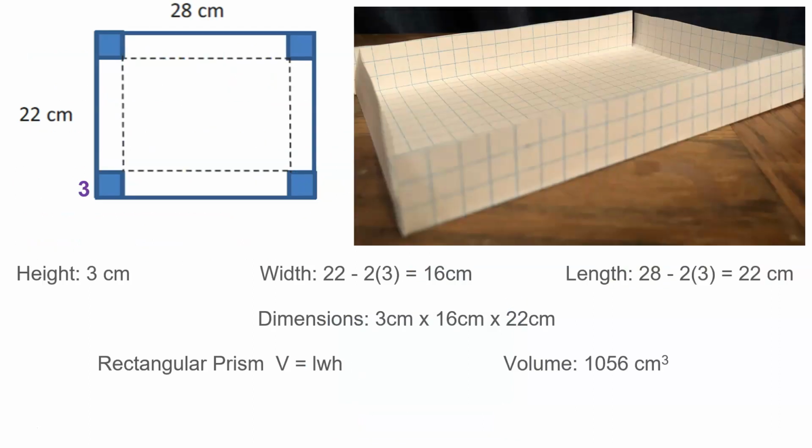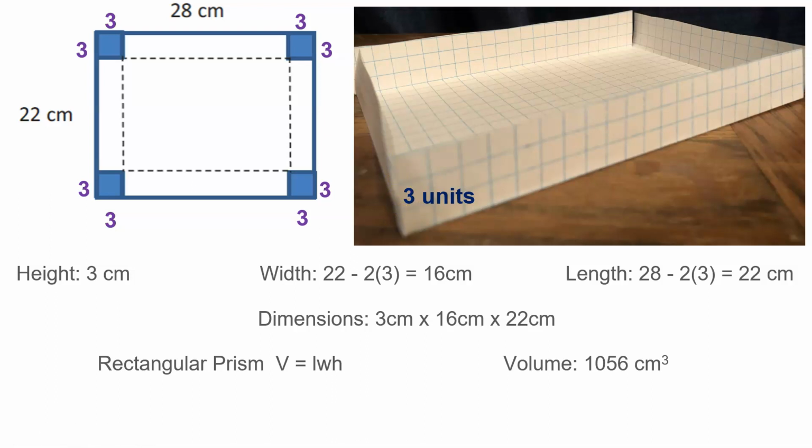Let's start by looking closely at this box and its possible dimensions. If the corners of the box are 3 units long, then the height of the box is also 3 units long.